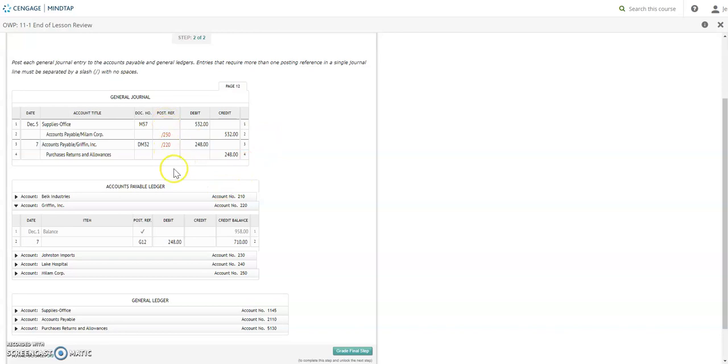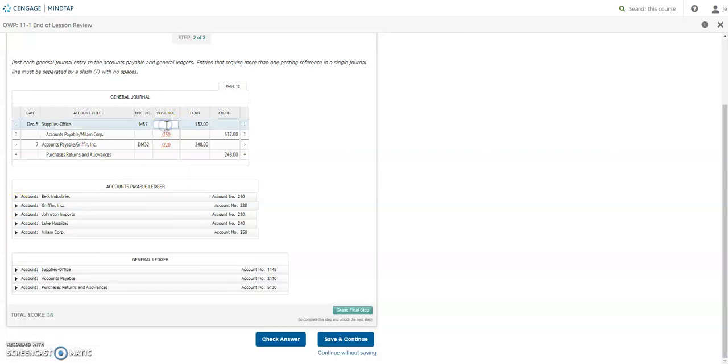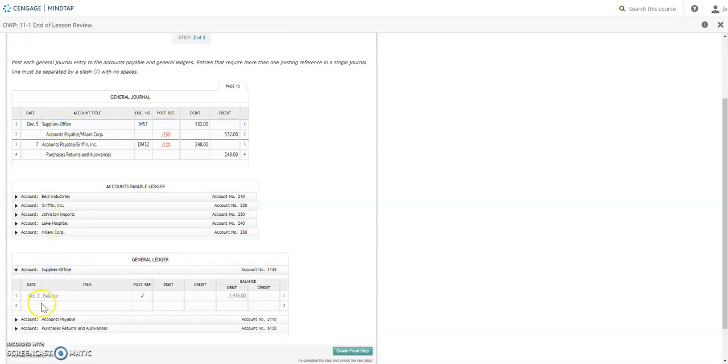Now that I've posted to my vendor accounts, to my accounts payable ledger, now I'm going to start back up at the top and I'm going to post to my general ledger accounts. So first one, I'm looking to the left. The account name is Supplies Office. So I'm going to find Supplies Office. I'm starting with the date of the 5th. Post reference is G12.